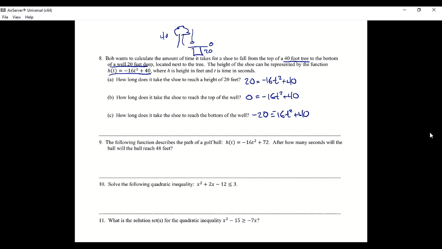So we put that into y1. In y2, for the first one, we're just going to put 20. We're going to hit graph. You're not going to see your equation because y2 is 20. So we need to go to window. We need to change our y max to 25. And let's go ahead and change our y min to negative 25. That'll save us from having to do it in a minute. We hit graph again.